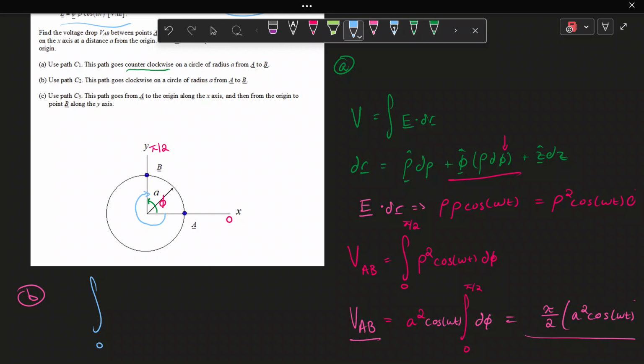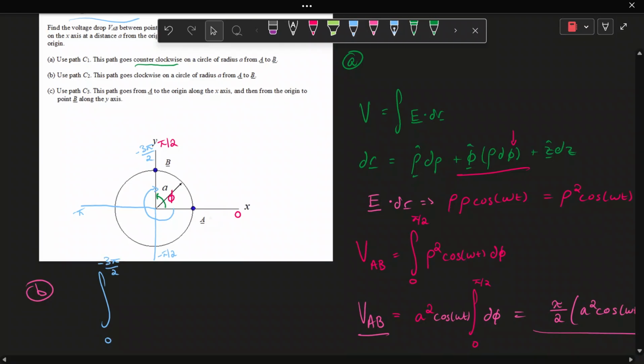From 0 to, well, it can't be pi halves again because that's positive. So negative, this is going to be negative pi over 2. This is going to be negative pi. That means this is going to be negative 3 pi over 2. So we're integrating from 0 to negative 3 pi over 2.